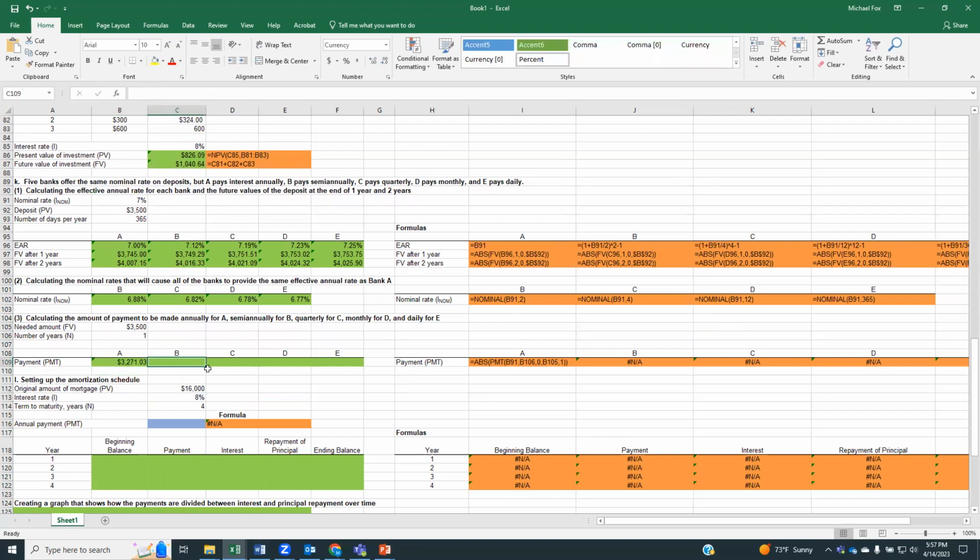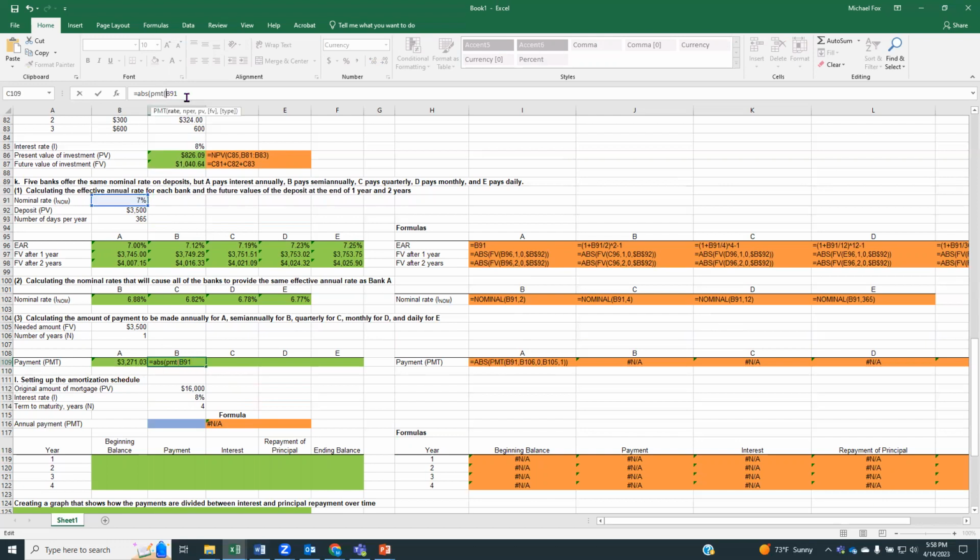Okay. So when we do semi-annually, we're going to do the same idea, absolute value of payment, or PMT, where we have B91. There's our rate. But now, because it's 2 payments per year, we're going to take that amount divided by 2.